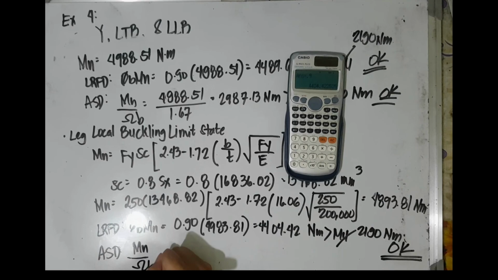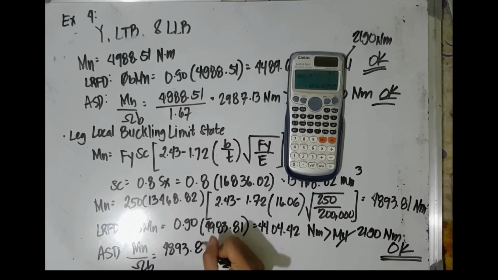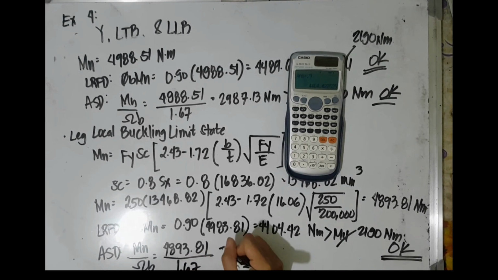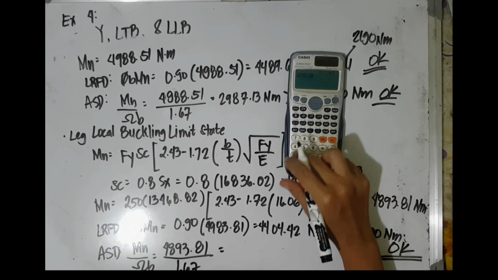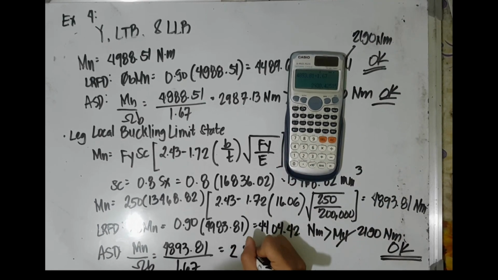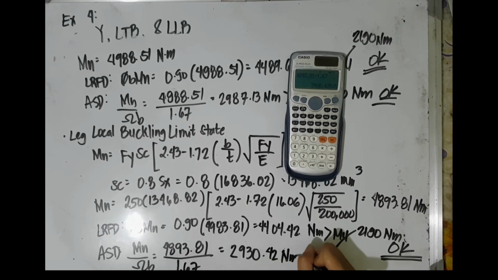And for ASD, the allowable flexural strength would now be equal to 2,930.42 Newton meter, and it is greater than our required strength of only 1,460 Newton meter.